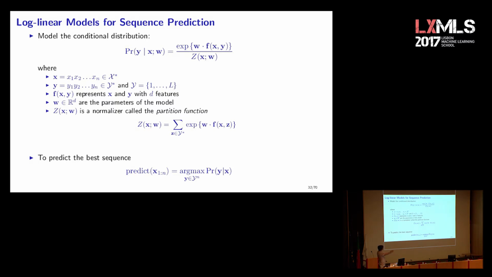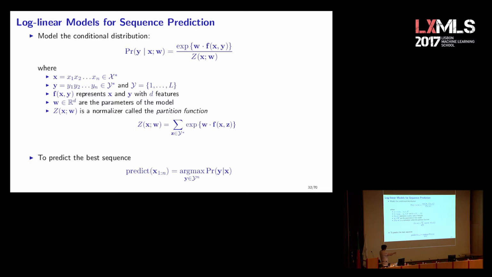And then we have this Z, which if you're not used to it looks horrible, but it is just a normalizer. What does a normalizer mean? It's as simple as this: if you have positive scores and you want them to sum to 1, you just normalize. So we have the exponentiated score of each output sequence z.